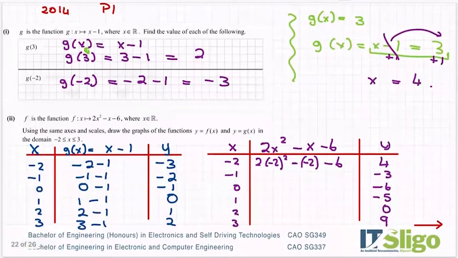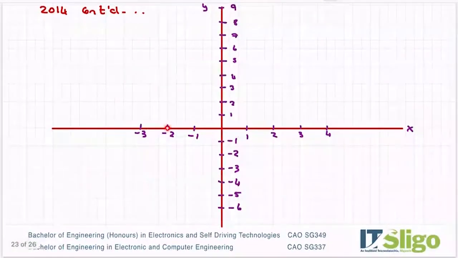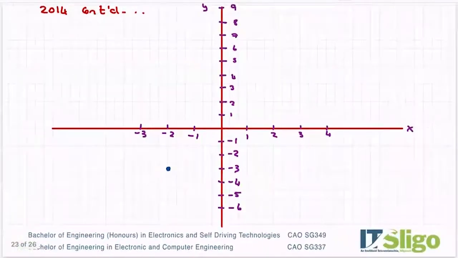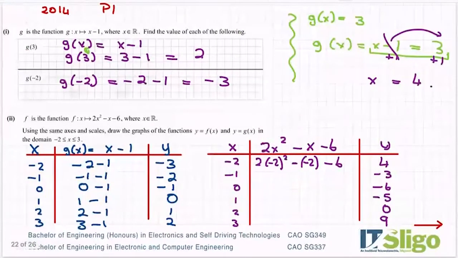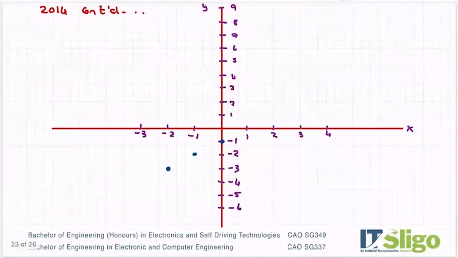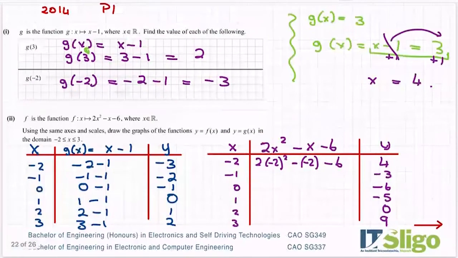So I'm going to plot g of x in blue, because I've done it in blue. So my couples: (-2, -3), (-1, -2), all the way up, (0, -1), (1, 0).